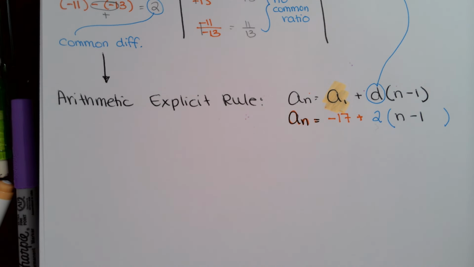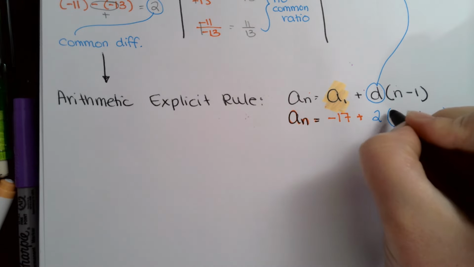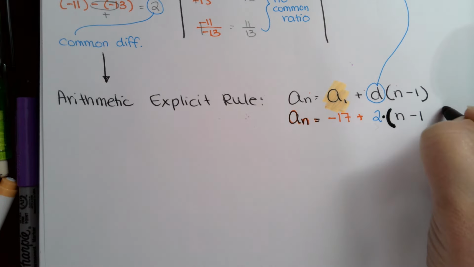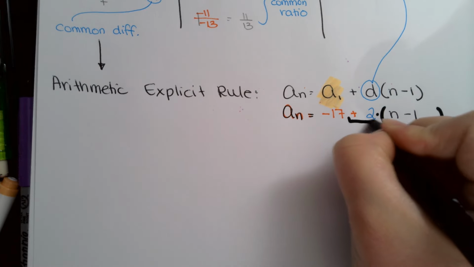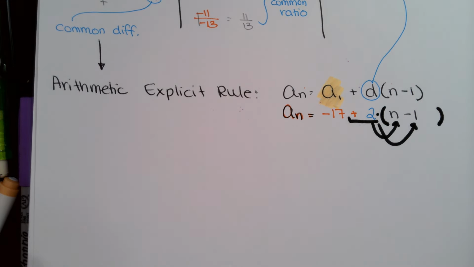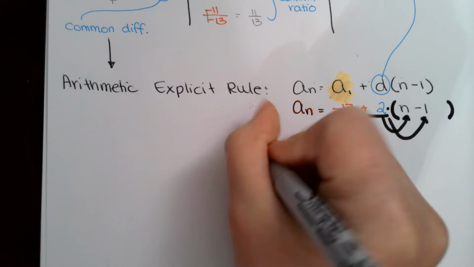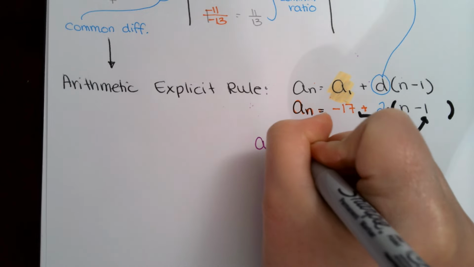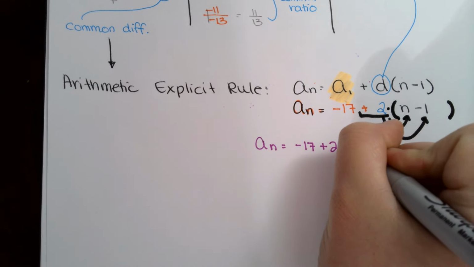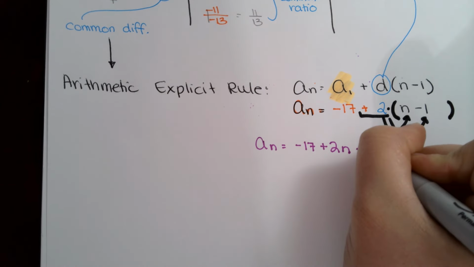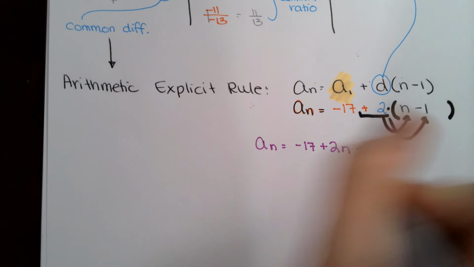Unlike geometric, you do actually need to do more. Because this is linear, we do have to distribute 2. So this plus 2 is going to go on n, and it's going to go on negative 1. This is your distributive property: negative 17 plus 2 times n plus 2 times negative 1 is a negative 2.